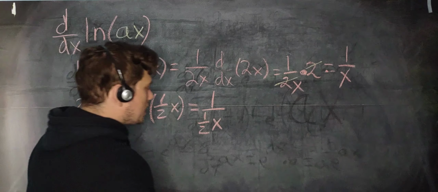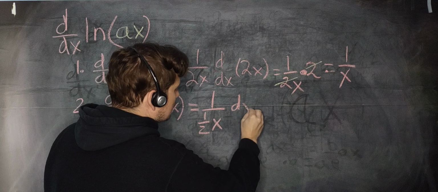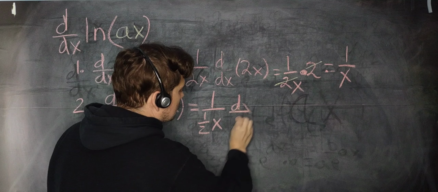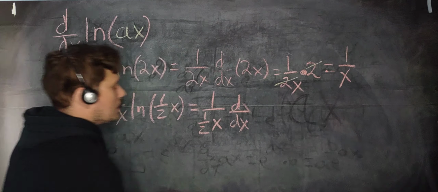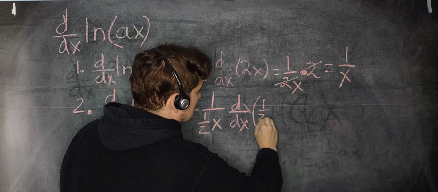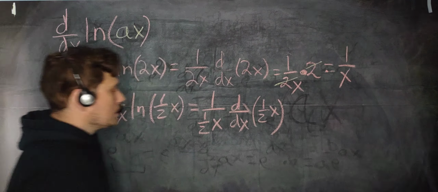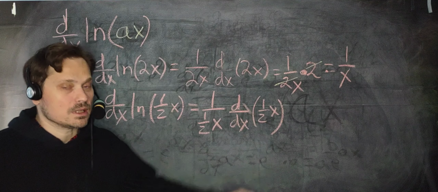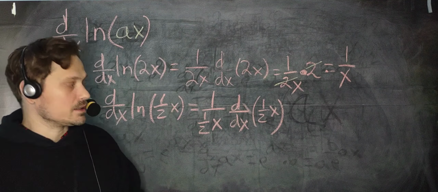And then you multiply by the derivative of the inside, the derivative with respect to x of this 1/2 x. That's just 1/2.